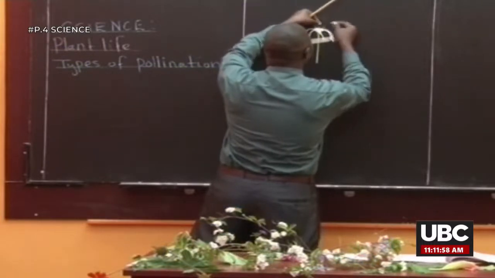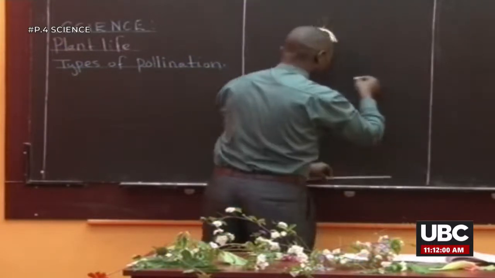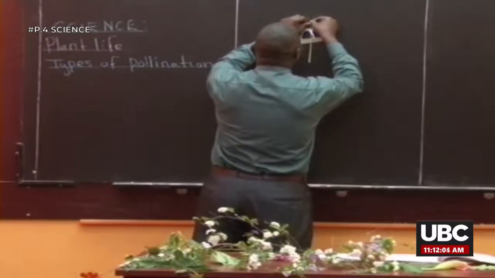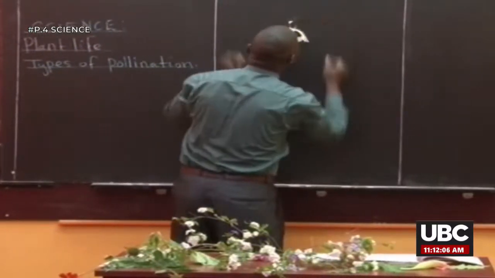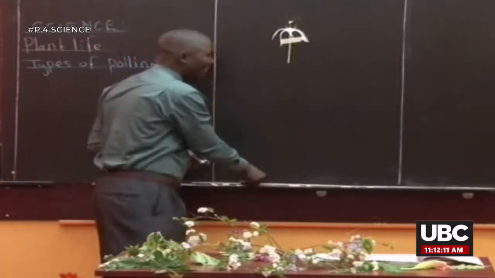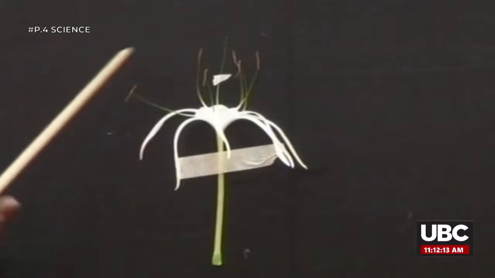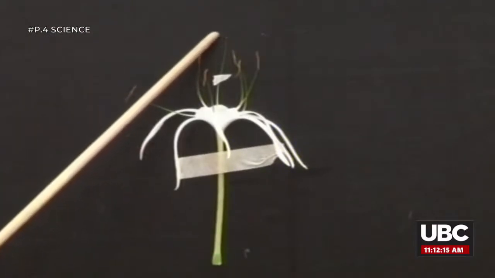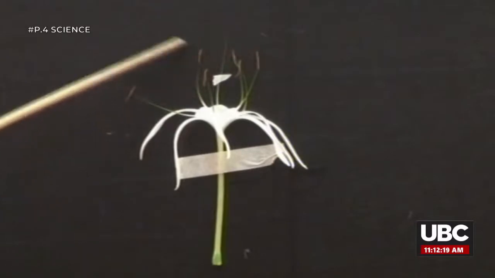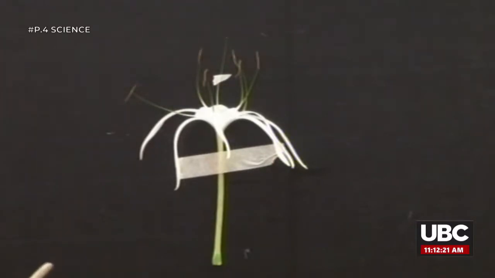That part of the flower is called the style, together with the stigma. I do hope you can see that we have our stigma there, and then all around, all these ones are anther heads.